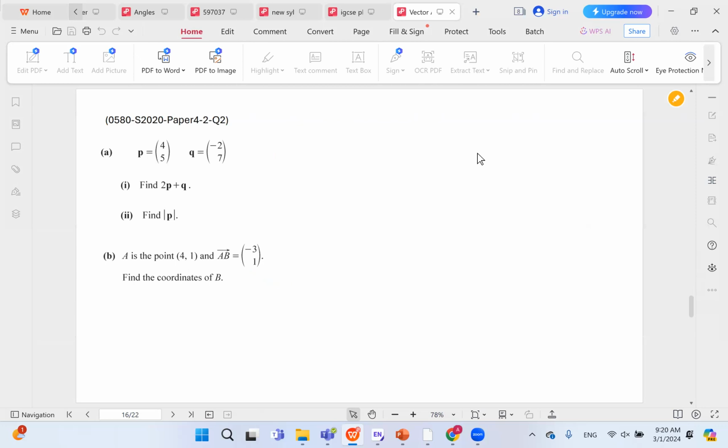In AI, we are required to find 2p plus q. So let's write this down in terms of vectors. We have 2 multiplied by 4, 5, plus q, which is negative 2, 7. We distribute the 2 over both values in the vector. We get 8 and 10, plus negative 2 and 7, and that gives us 6 and 17 as a vector.